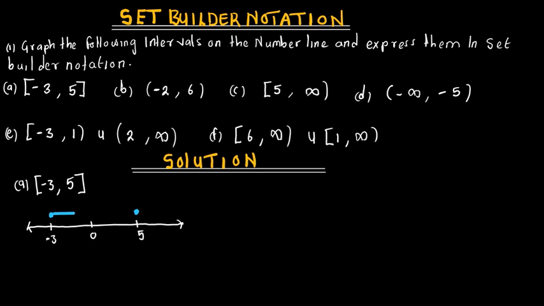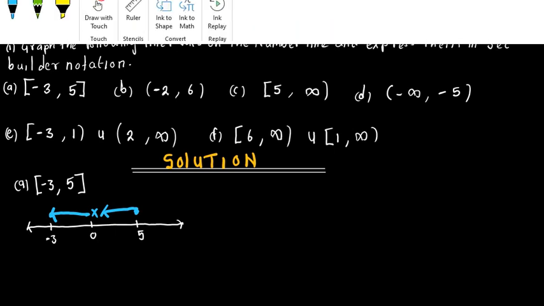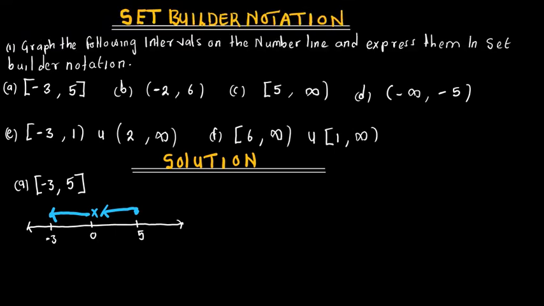So this is going to be less than x less than this particular point. Now this simply means that if we were to write this, it is going to be expressed in this form. This is just the same as -3 less than or equal to x less than or equal to 5.